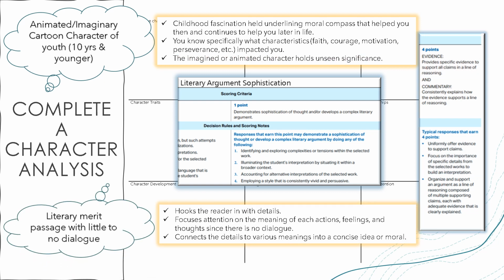The second activity, I'll actually give you a piece of literary merit, and it will focus on the pink areas. The activity, because it has no dialogue, is going to help you get used to pinpointing those specific details, because often you become too used to just using quotes from the given text.